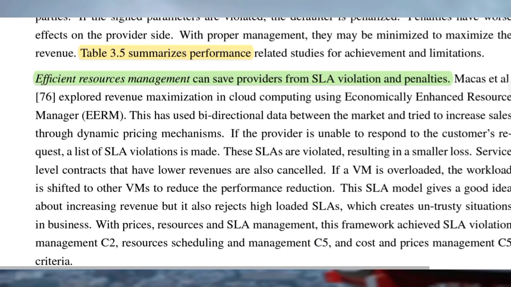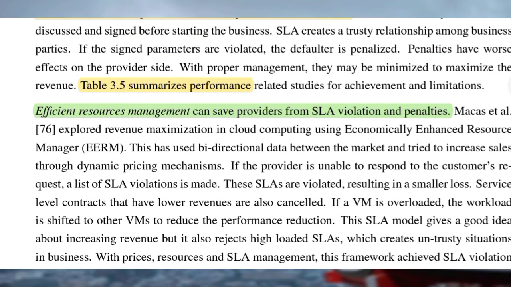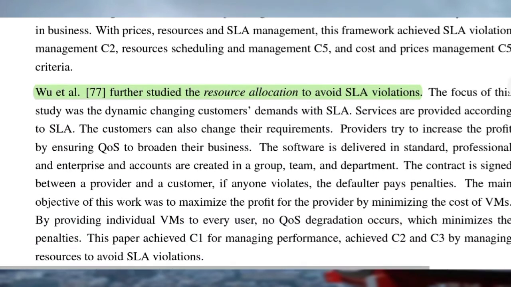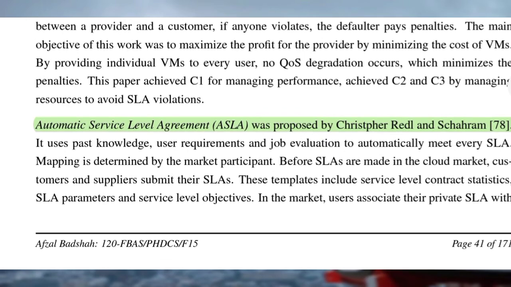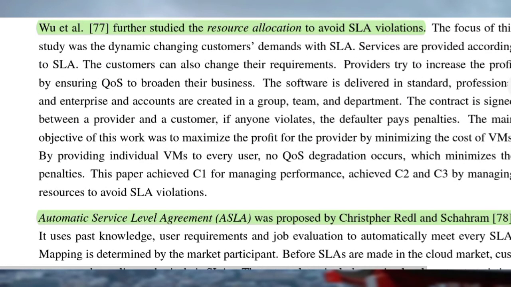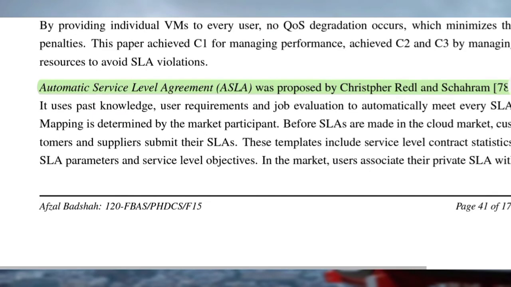Efficient resources management can save providers from SLA violation and penalty. This means that I am discussing how to save providers from SLA violation and penalties. Further studies the resources allocations. This is a new topic, and this is information dominant, because I explained the information first, and after that I cited the author.